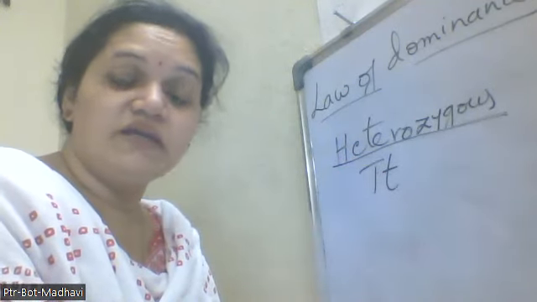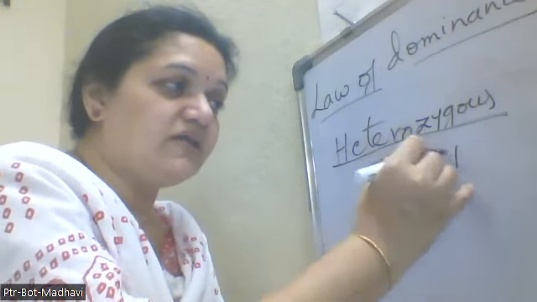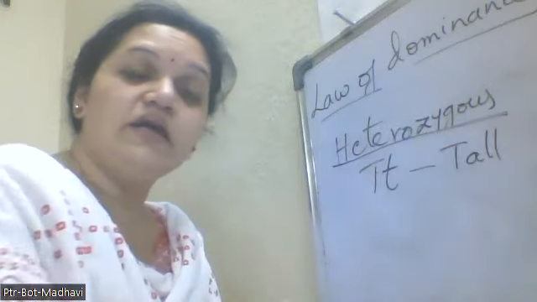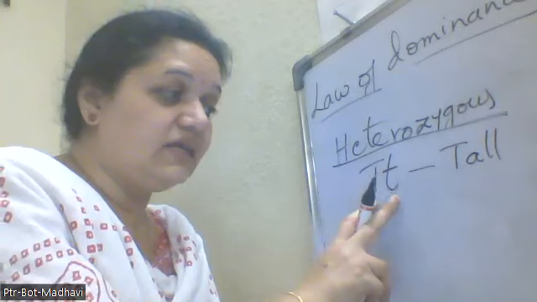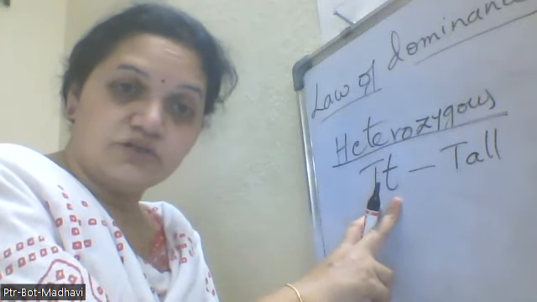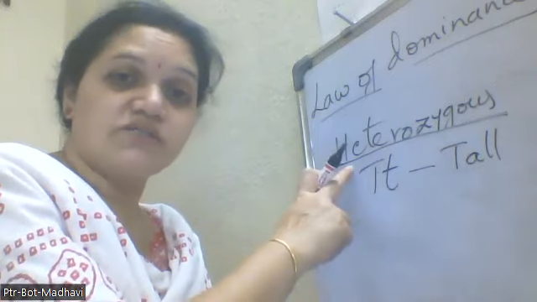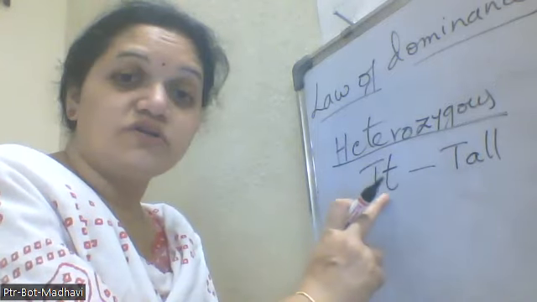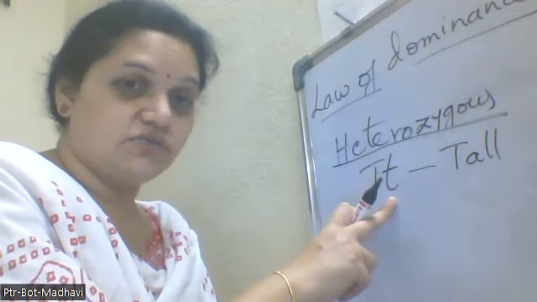One is a dominant allele, another one is a recessive allele, but representing only one character, that is the heterozygous condition. When two contrasting alleles are present to represent one specific trait, it is called heterozygous. So these two are the contrasting characters. One is the dominant allele, another one is the recessive allele.